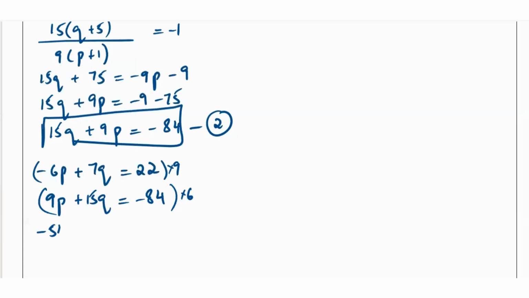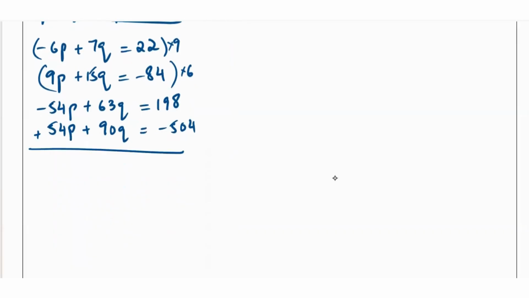That's -54P plus 63Q equals 22 times 9, which is 198. And then again, 54P plus 15 times 6, that's 90Q equals 84 times 6, -504.